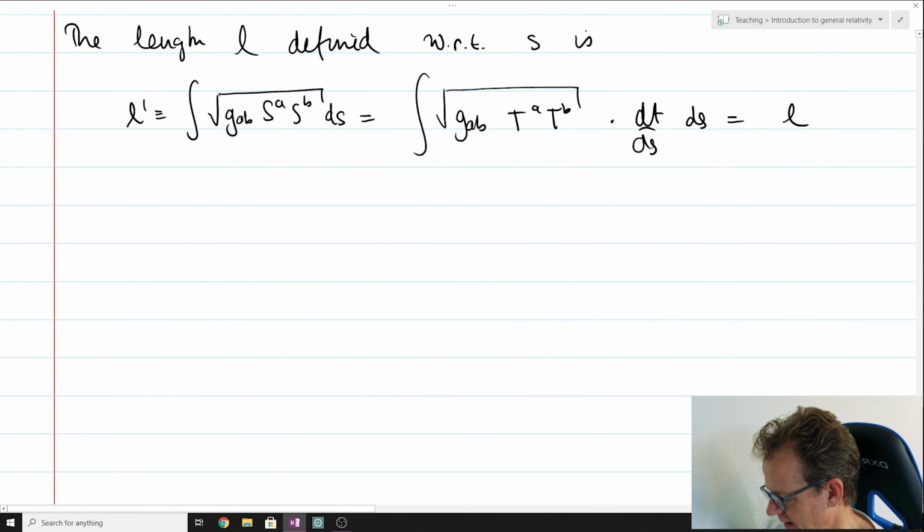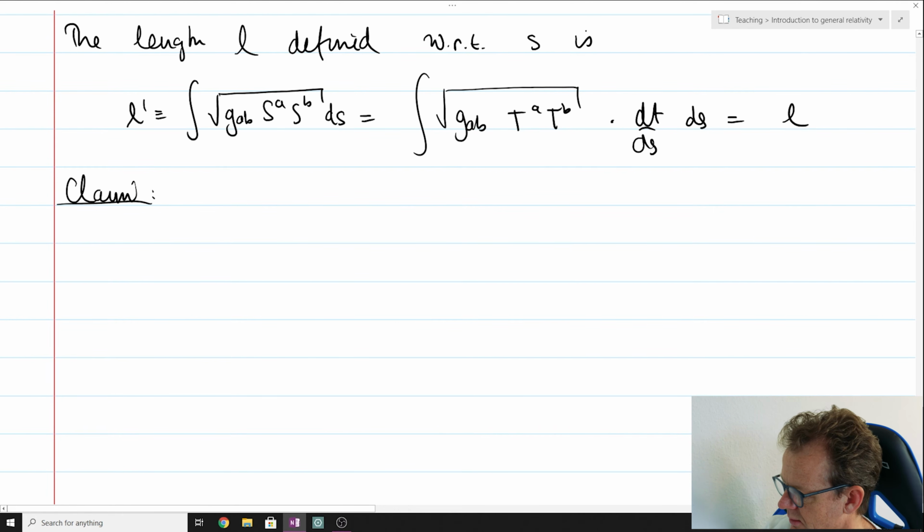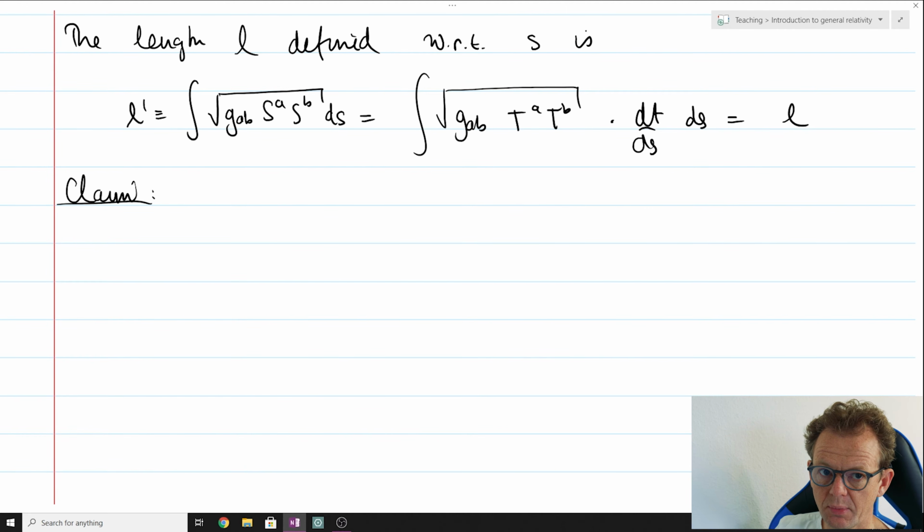So now comes the claim, right? This is the reason we're talking about lengths of curves, amongst others, and that is that geodesics have a very beautiful property, namely they extremize the length of a curve joining 2 points.